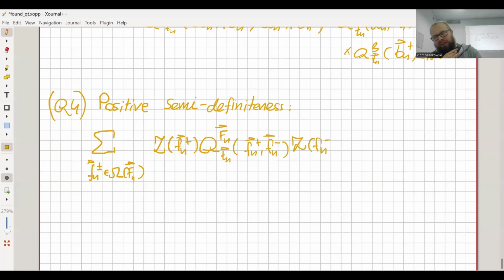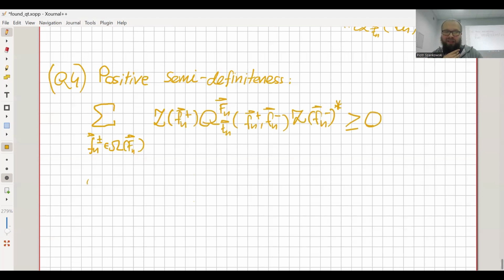The sum of z-conjugate times Q times z is non-negative, where z is an arbitrary function of sequences to complex numbers.